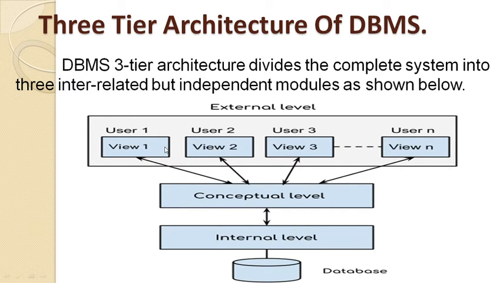The view level is used to cater to the needs of the different types of users. Using the view level, the user gets only the desired data from the database. It simplifies the user interaction with the system.